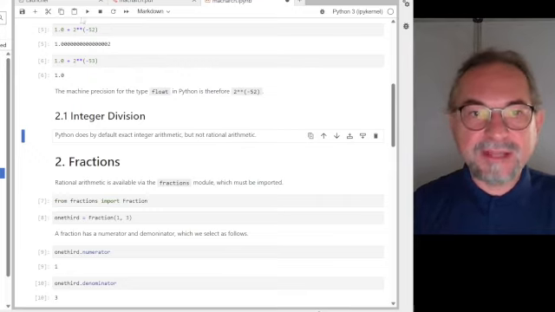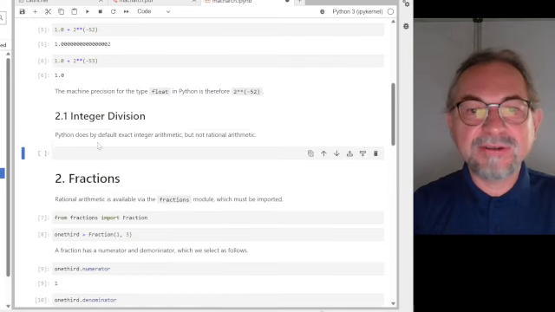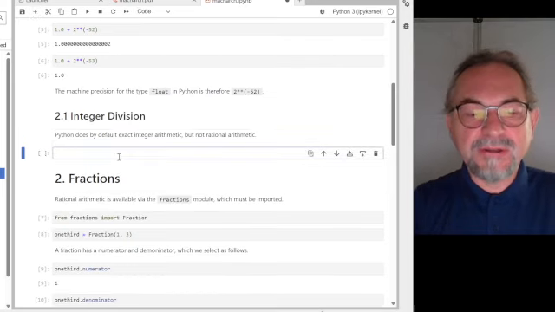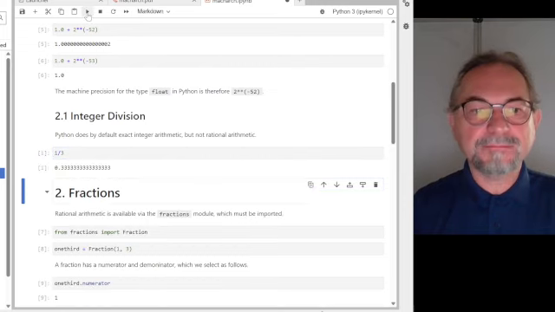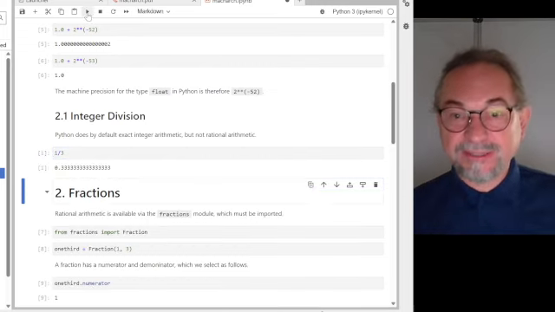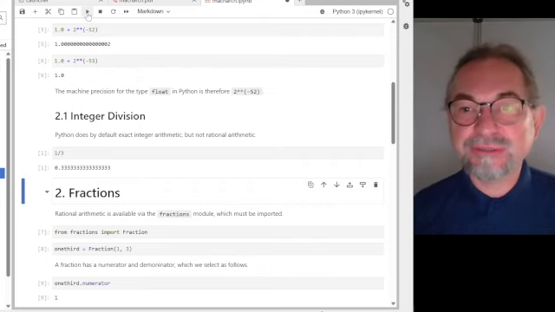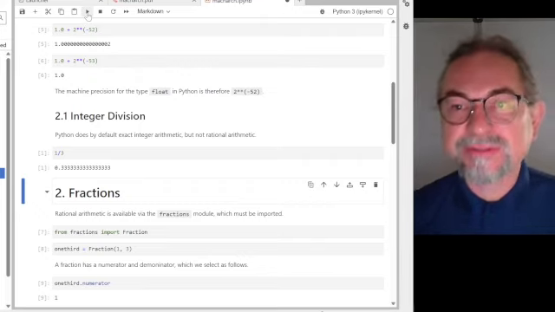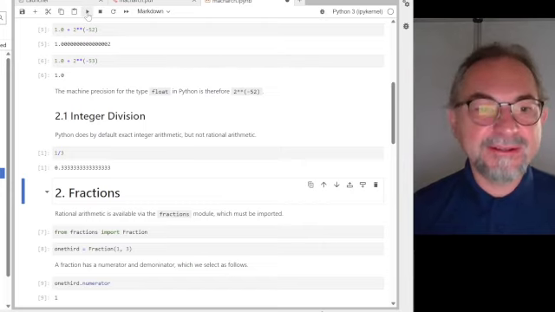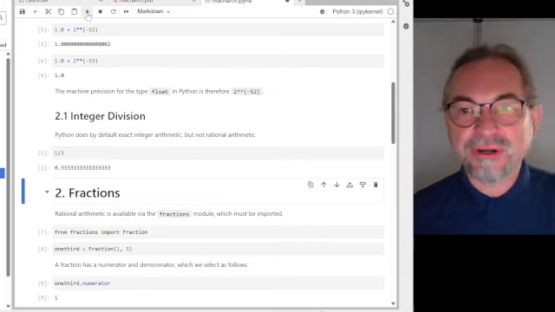They are more consistent in their number types. So if you do 1 divided by 3, then see what happens. You get 0.33333. Oops. So note also, by the way, this is now my first instruction.